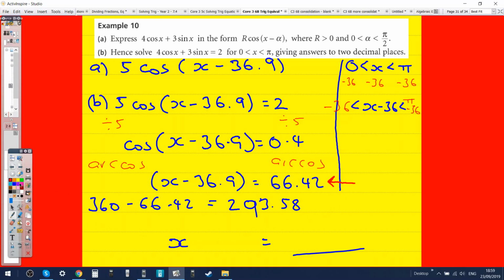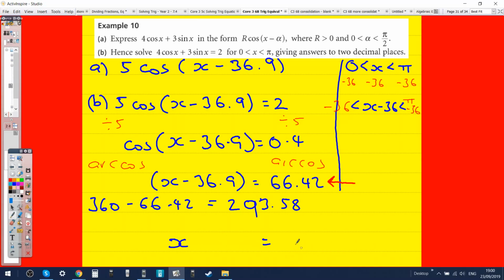So finish solving this one then. What do you get? So then you have 66.42, and then you add 36.9 to it. Yeah. What do you get? 103.32.